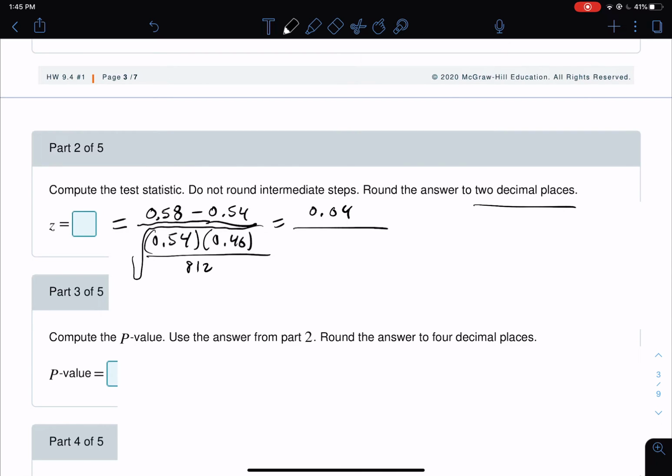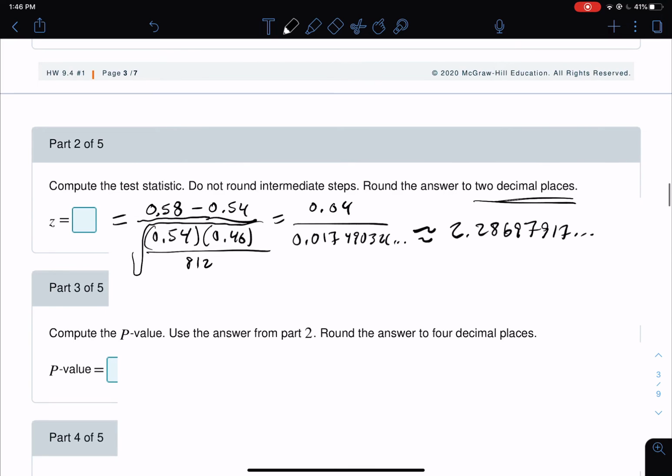Down below, after you square root it, we're at approximately 0.017490321, and so on. Divide those and we get 2.28697917. Rounded to 2 decimal places, z is approximately equal to 2.29.